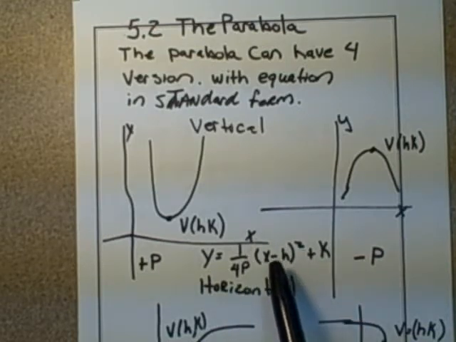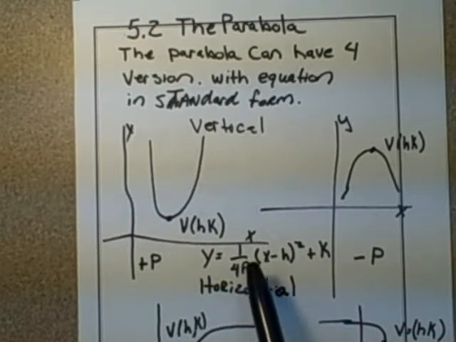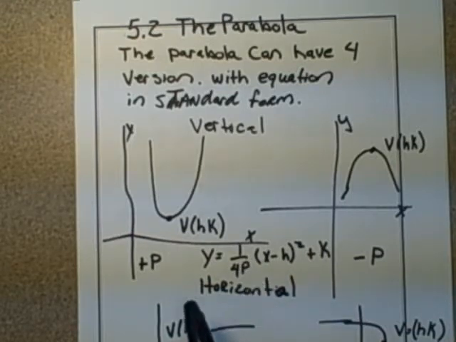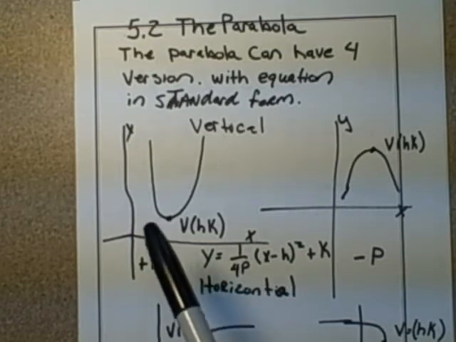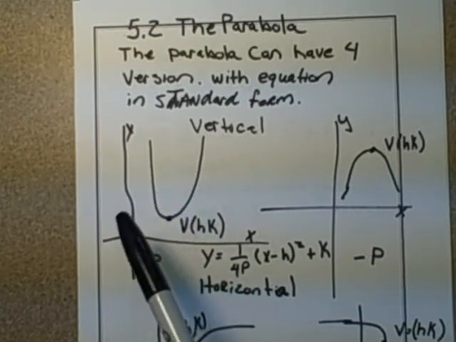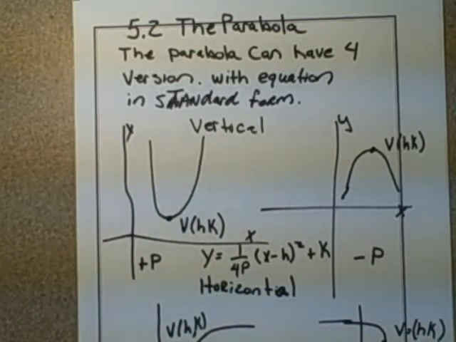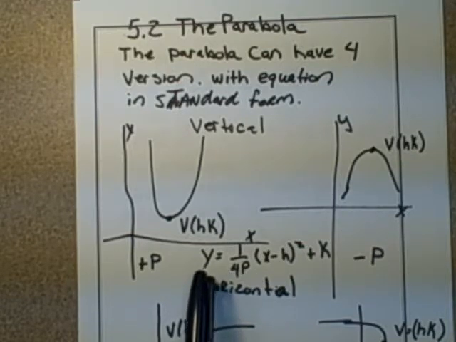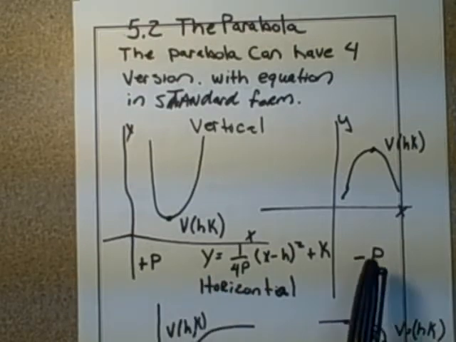(h, k) is the vertex, and p is the distance from the vertex to the directrix or focus, if you remember our beginnings. So that's the p value. Now, when the parabola is vertical, it's y equaling something.